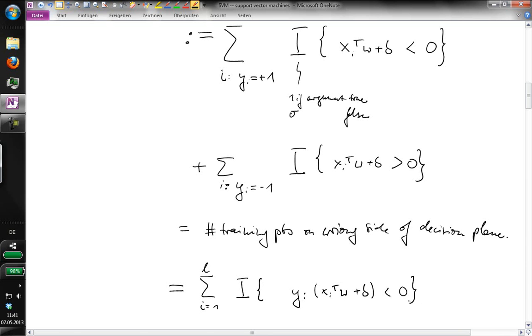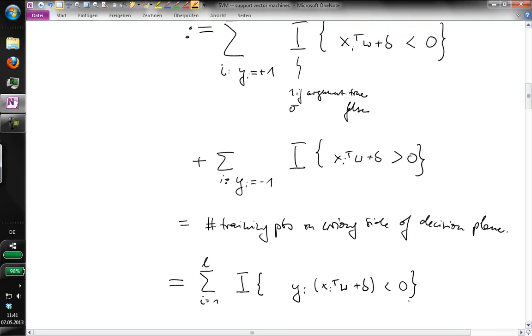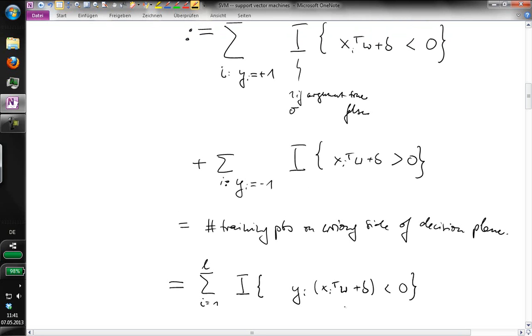And now I only have a single Boolean statement here. So if yi equals +1, then this translates to the formula that we had seen up here. And if yi is -1, then multiplying this with -1 means that I can turn around the inequality here, and then it corresponds to this statement. So I have really only rewritten this into a more compact form.